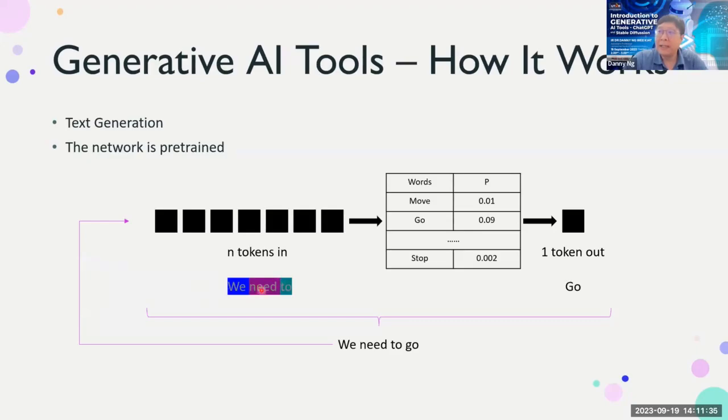For example, if there's a sequence of words called "we need to", what is the next most popular word? When you use ChatGPT, it goes through a list of all characters or words, chooses the most probable one, and puts it into the next sequence.